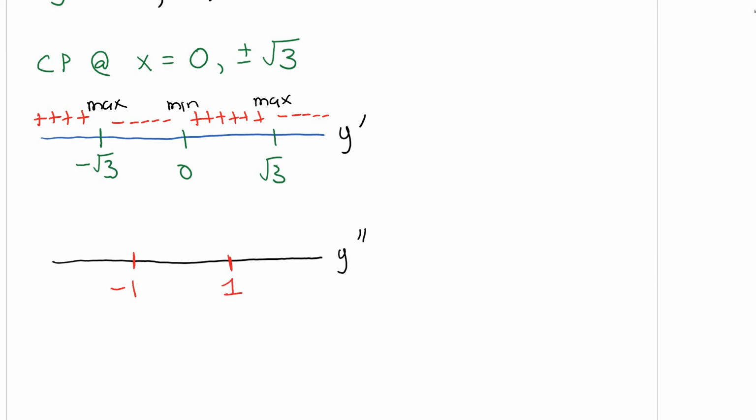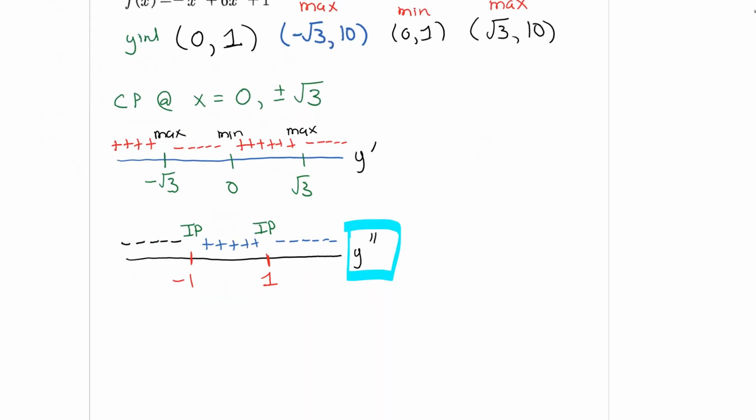And then you find numbers in those regions and plug those numbers back into the second derivative. If you do that correctly, you should get concave down in the first region, then concave up in between -1 and +1, and then concave down after 1. So what that means is you have an inflection point at -1 and an inflection point at +1, and that's because you're changing concavity.